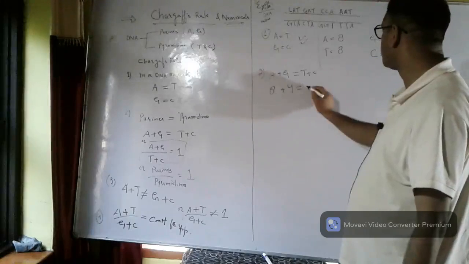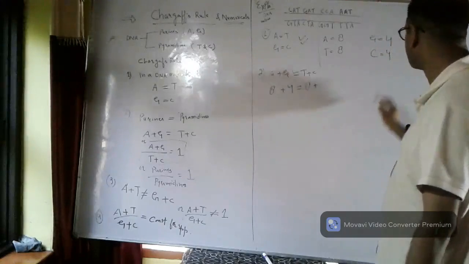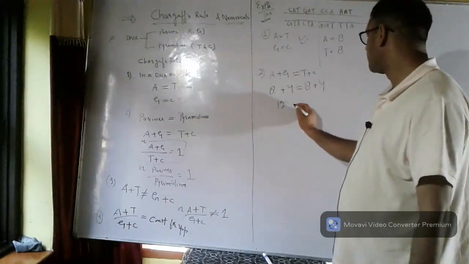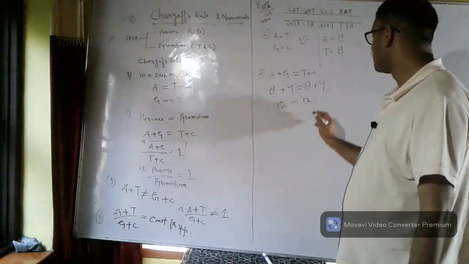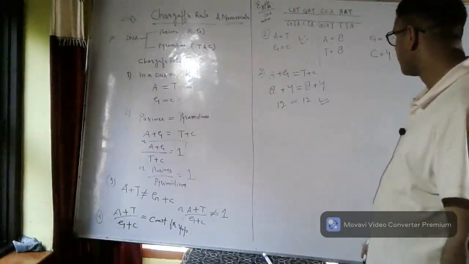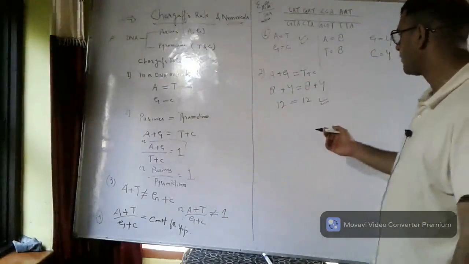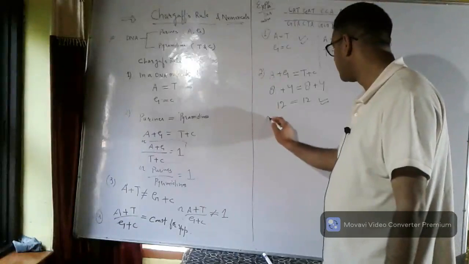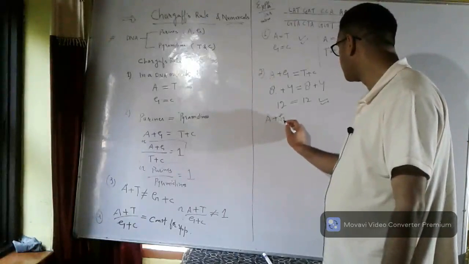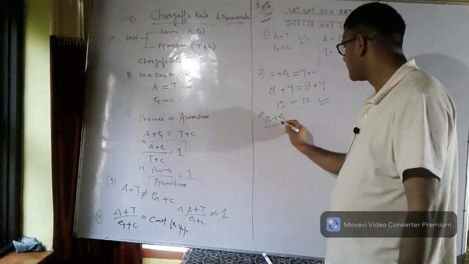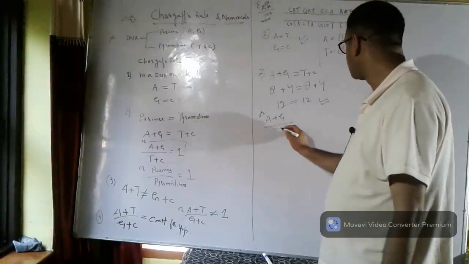Thymine 8, cytosine 4. 12 is equal to 12. So it is like this. Rule number second explained.